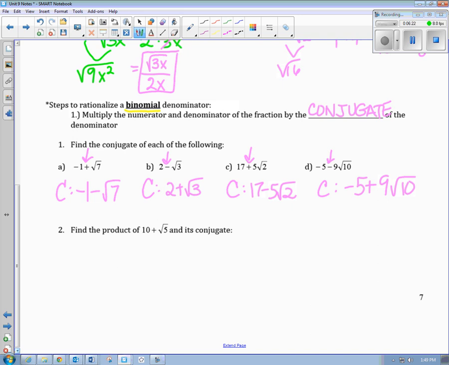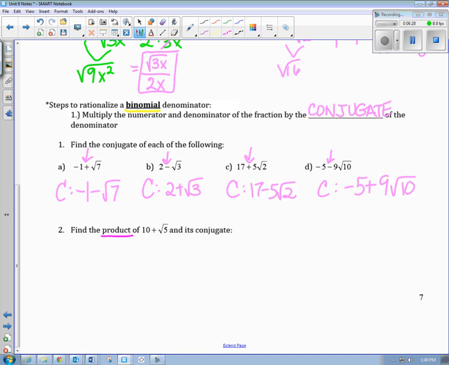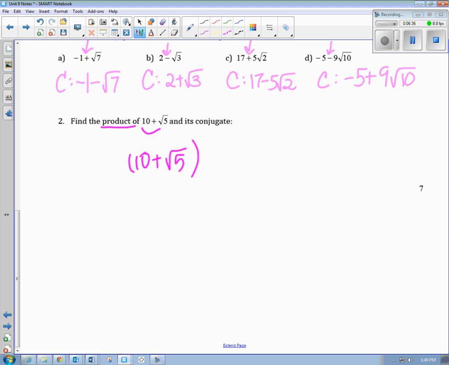Question 2 is asking for us to do something with the conjugate. In this case, it's saying that we are going to find the product of this number and its conjugate. So when I multiply this number by its conjugate, which is 10 minus radical 5, I can see I have two binomials that I have to multiply because of the word conjugate, and that means I'm going to have to FOIL.